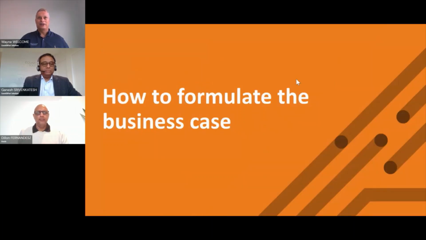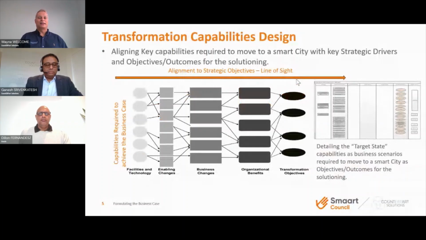So at CountERPart, we've actually structured some of our consulting approaches to support councils to really focus on how do we align the strategic drivers that are coming out of either your council plans or your community plans, the key objectives and outcomes, and then bring that back towards the solutioning.